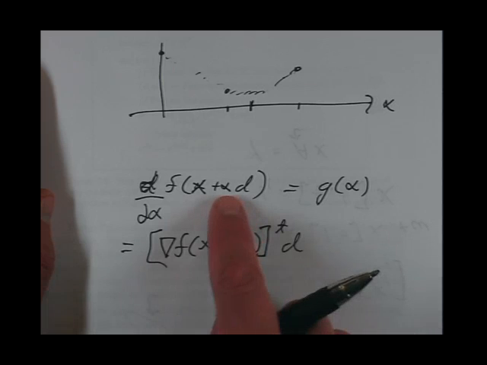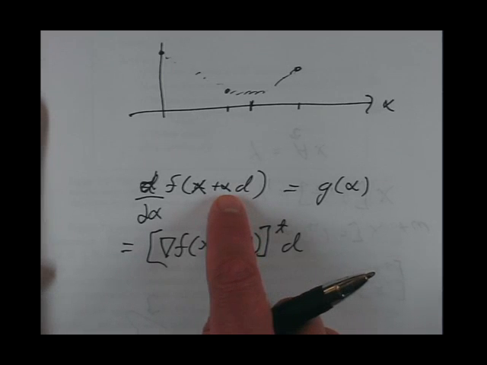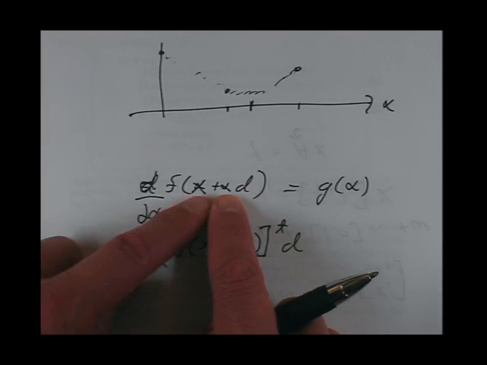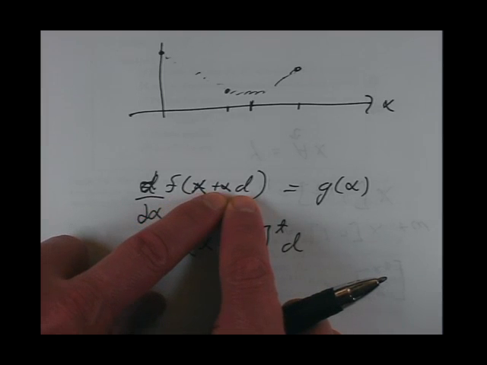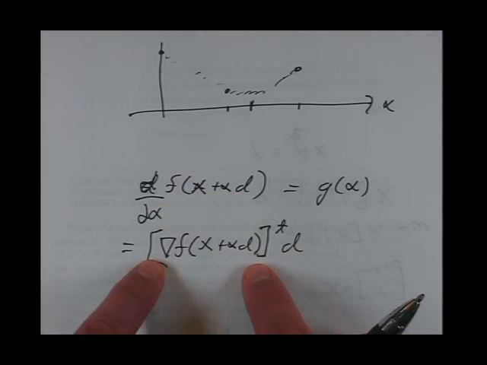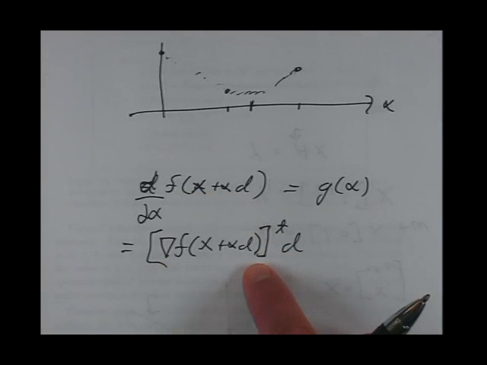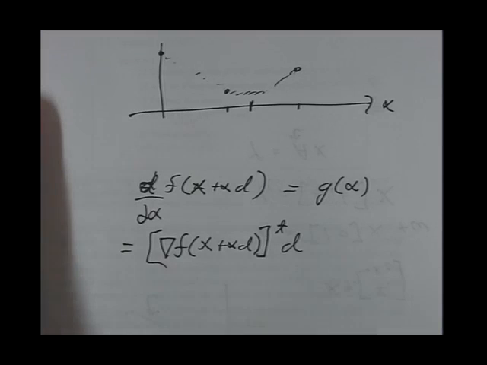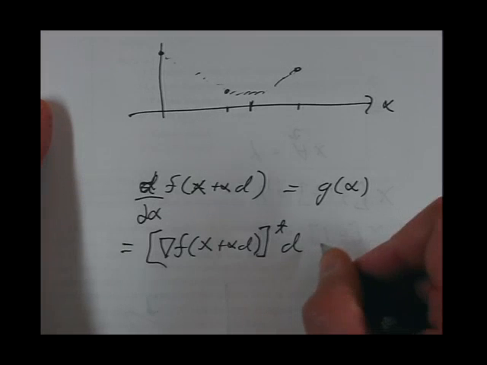Because if alpha changes incrementally, then you're changing the value of the argument of the function in the direction d. So you take the inner product of d with the gradient, and that will exactly give you this derivative. So you can calculate that analytically, and that's g of alpha.